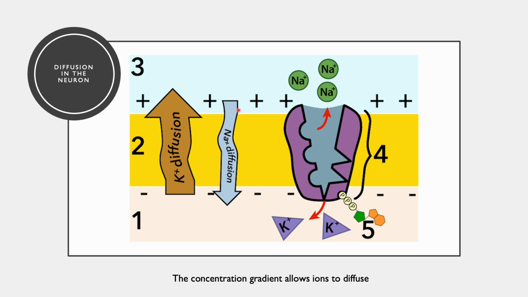Whereas sodium is going to be attracted to the more negative resting membrane potential, and it's going to move from an area of high concentration outside of the neuron to an area of low concentration inside the neuron. To the right here, this is demonstrating the sodium-potassium pump, which is a specialized pump that utilizes adenosine triphosphate as an energy source to push sodium or potassium ions against their concentration gradient.